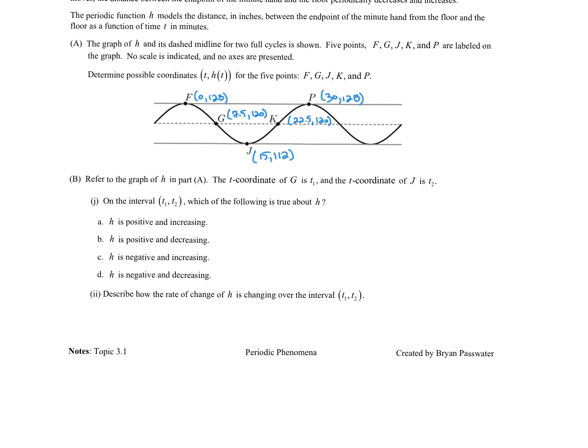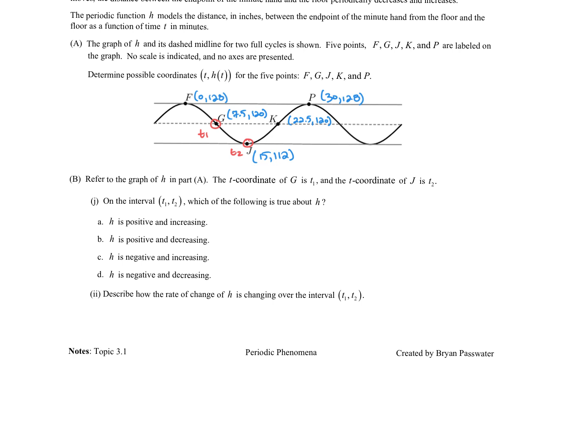Who's my reader? 10, go. Refer to the graph of H in part A. If the t-coordinate of G is t1 and the t-coordinate of J is t2, on the interval t1, t2, which of the following is true about H? All right, fantastic. So, is h positive or negative?